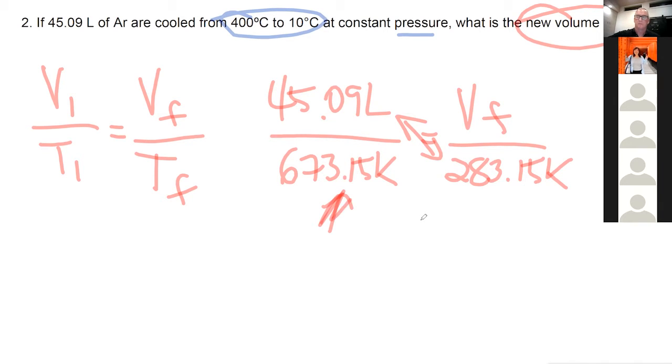So what do we get? I got 18.966401 liters.